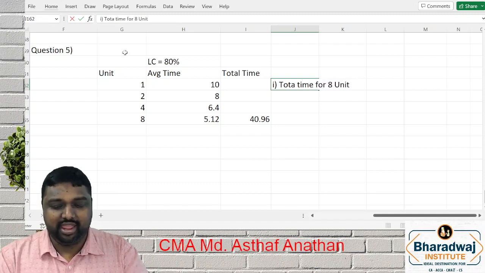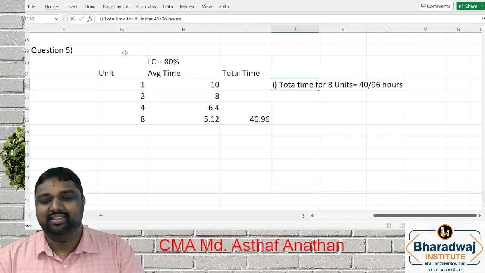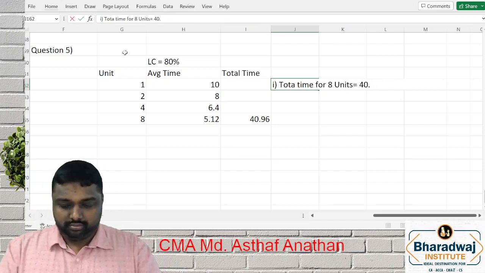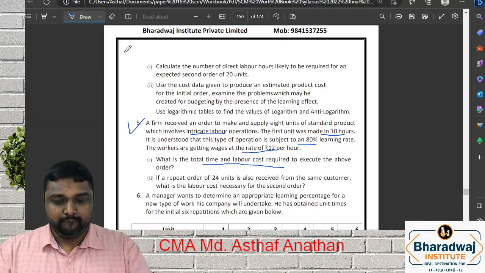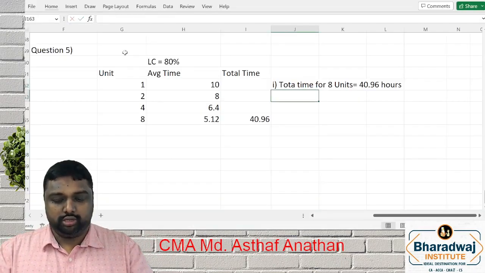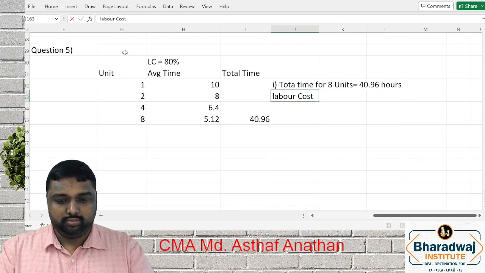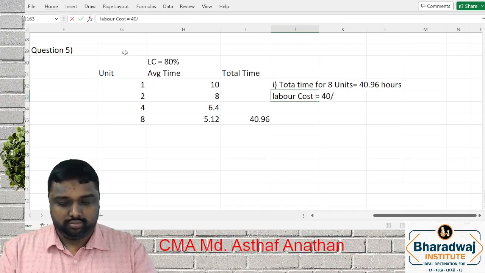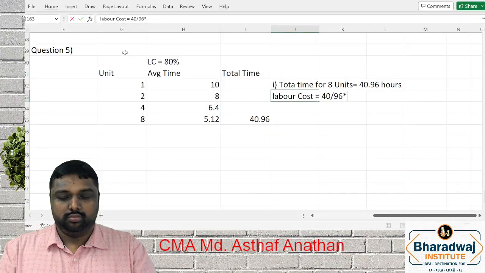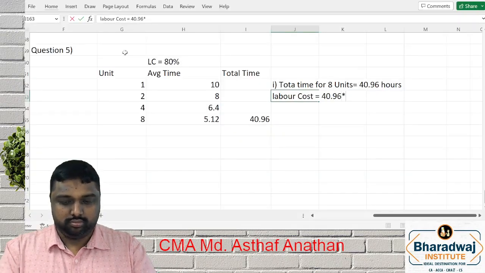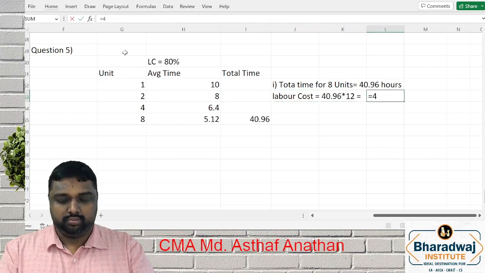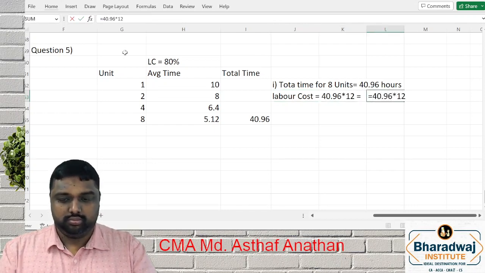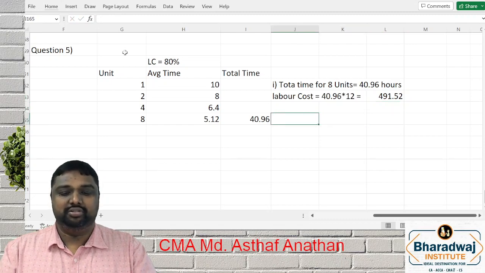Total time for 8 units will be 40.96 hours. Next, they are asking labor cost to execute the order. For every hour, 12 rupees. 491.5. Good.